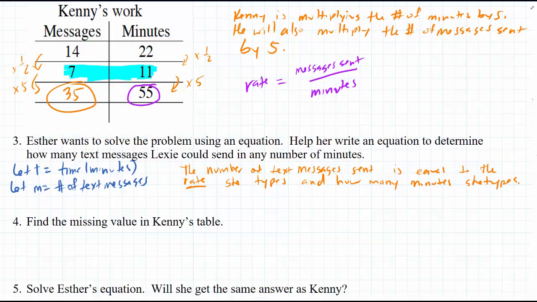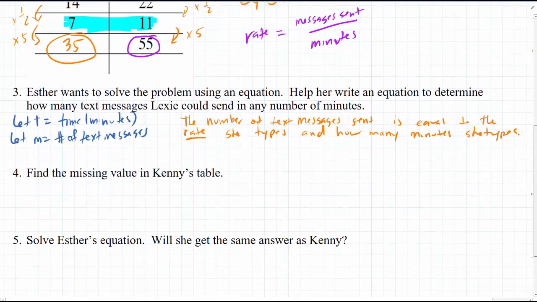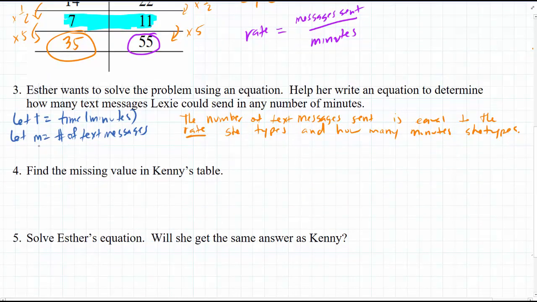Okay? In other words, instead of saying the number of text messages, we could use the variable m. m is going to equal the rate at which she types. So the rate is really just the messages sent per minute, right?